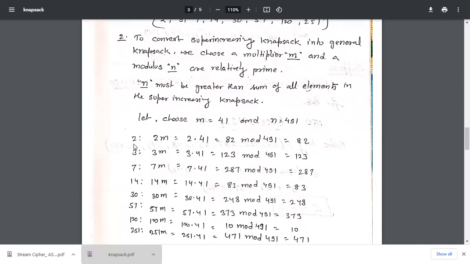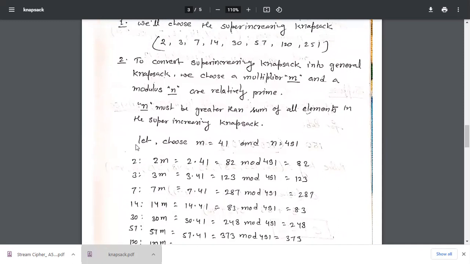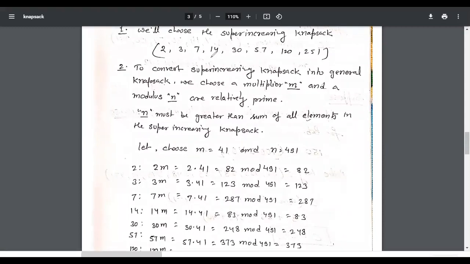The first weight given in the super increasing knapsack is 2.